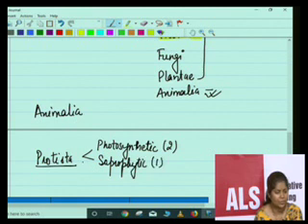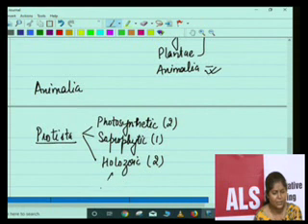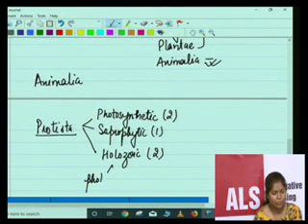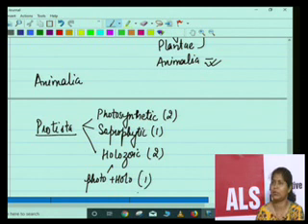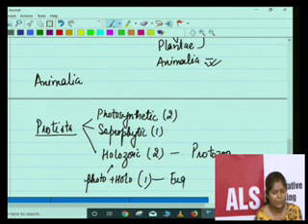That was slime molds. Then you talk about a particular phyla which is holozoic, you have 2 under them. One is having both photo plus holozoic mode of nutrition, and the other is only having holozoic. That is the particular group called protozoa. So, you have protozoa and you have euglenoids.